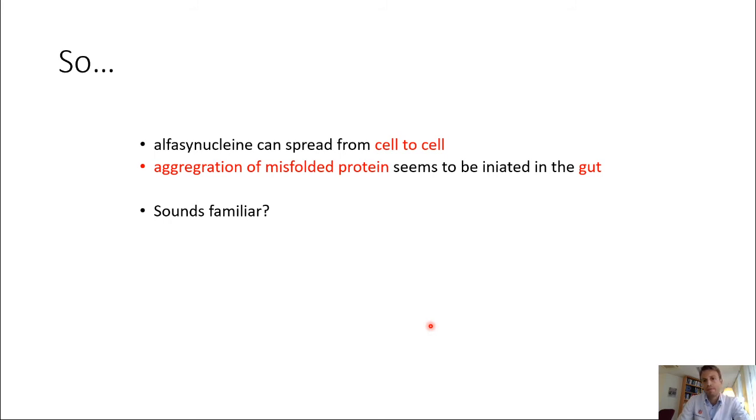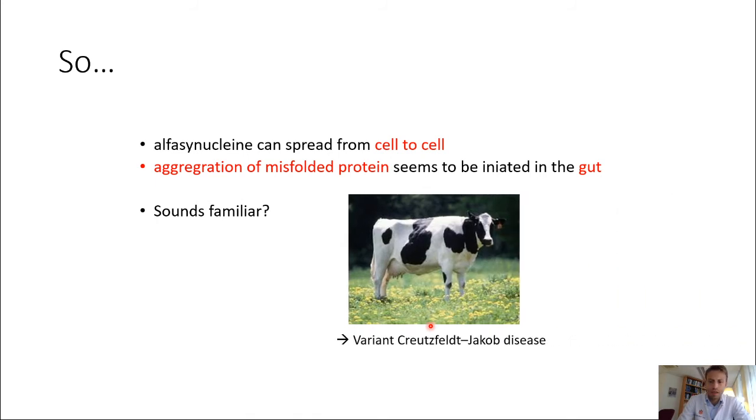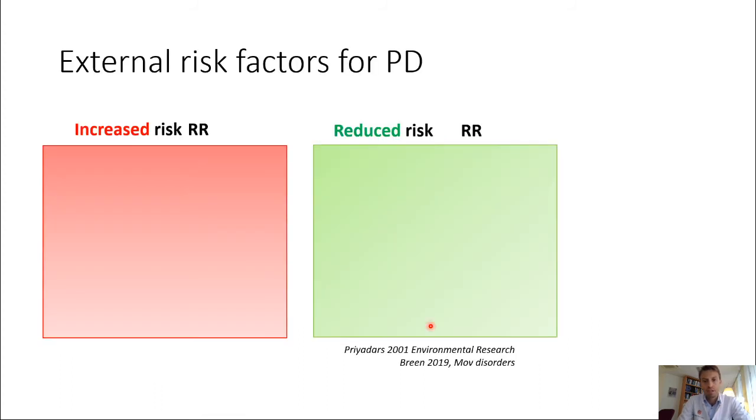If you look at the cell-to-cell promotion of misfolded proteins, that can also affect healthy proteins. That's kind of like what you see in prion diseases like variant Creutzfeldt-Jakob disease, only much slower and not transmittable from person to person.